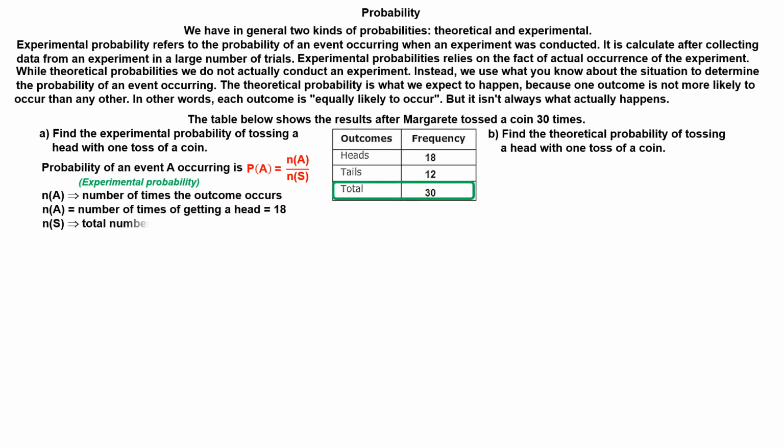And NS is the total number of trials. In this example, the total number of trials is 30. The probability is NA over NS, where NA is 18 and NS is 30. After simplifying, we get 0.6 or 60%.